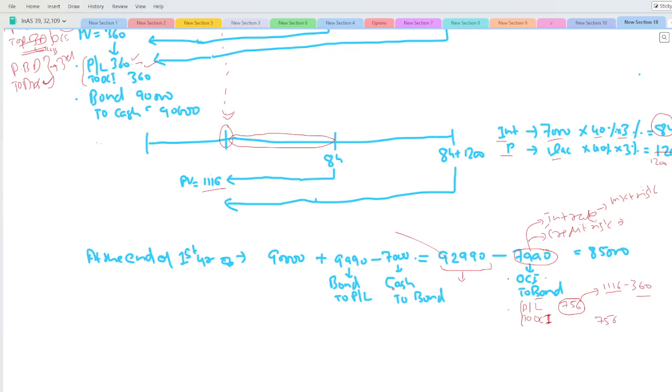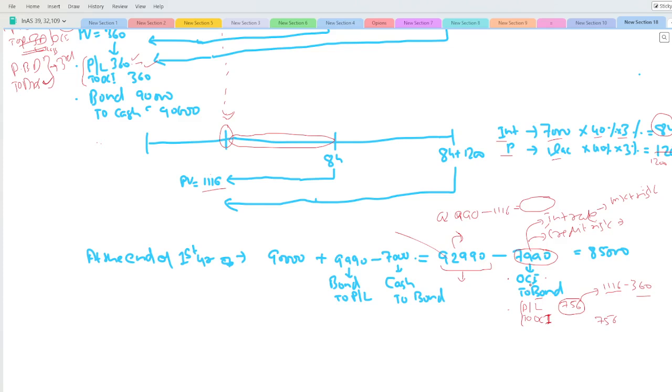If at the end of the second year, directly from the first stage, you are going into the third stage, that means it is credit impaired actually. Then you will not be taking this amount, you will be taking 92990 minus your 1116. Whatever the balance is coming, that you will be taking.